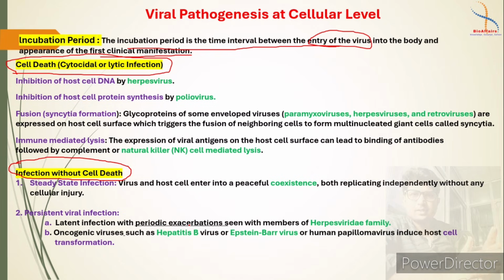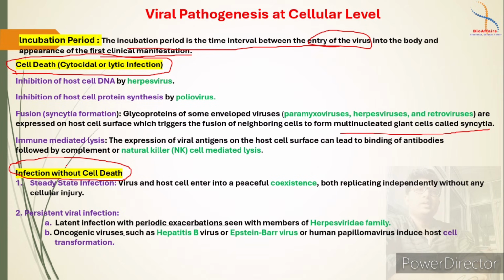If multiple cells fuse with each other, the nuclei are not destroyed, so you get a cell which is large in size and contains multiple nuclei. It is a multinucleated giant cell called syncytia. Remember this: multinucleated giant cells called syncytia.